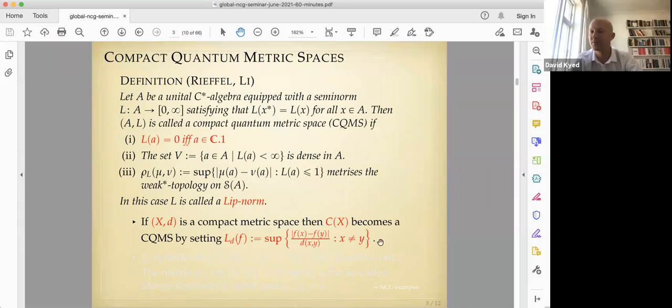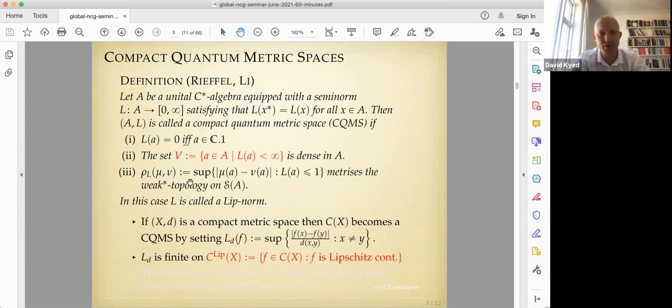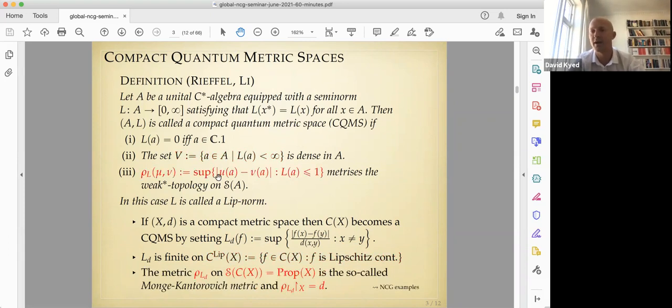And this can, of course, be infinite easily, but it is finite exactly when the function that I'm plugging into it is a Lipschitz continuous function. And these are dense in the C-star algebra, so the first two conditions up here are easy to check. So it's easy to check the first condition, because the only way you can have Lipschitz constant 0 is if you're a constant function.